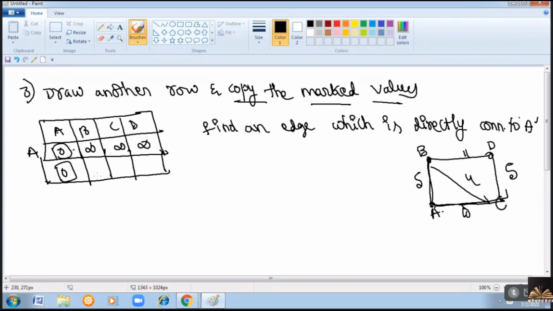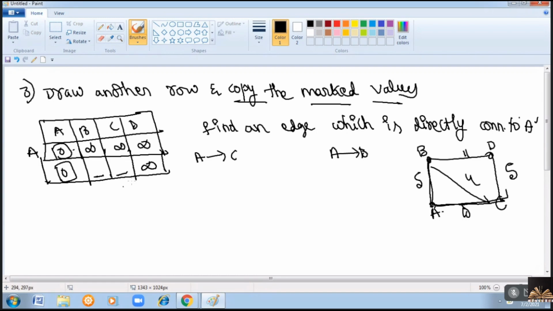That means you may change this B value and C value. The D value won't be changed, because D is not directly connected to A. So consider the edge A to C and also the edge A to B.